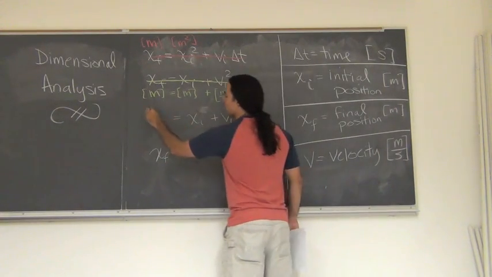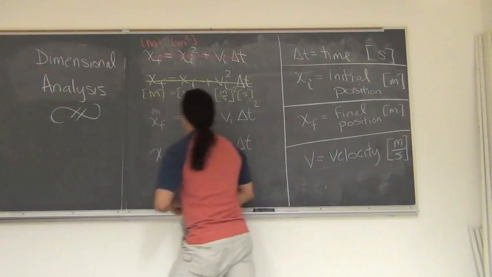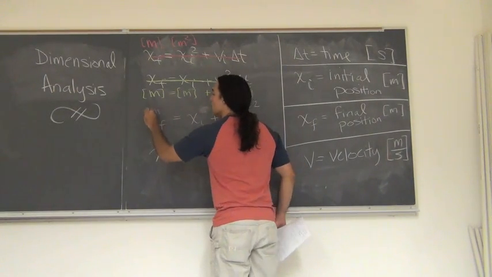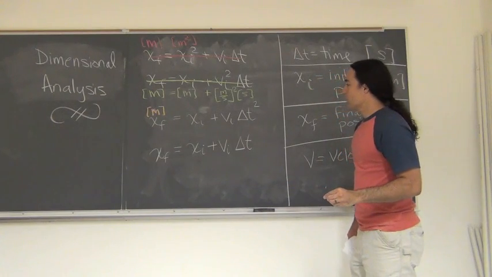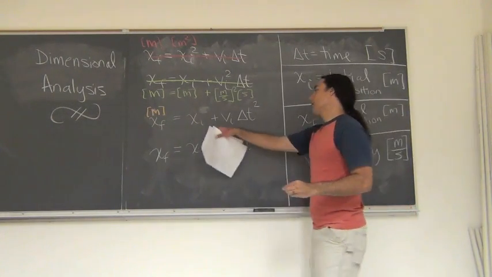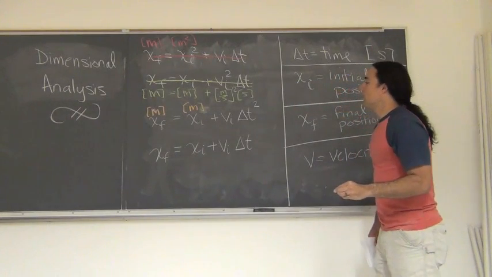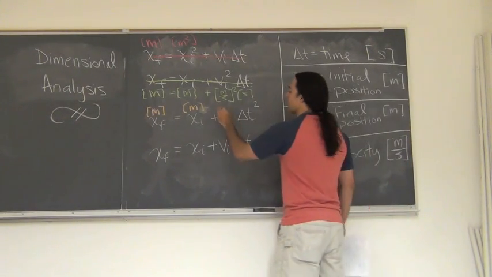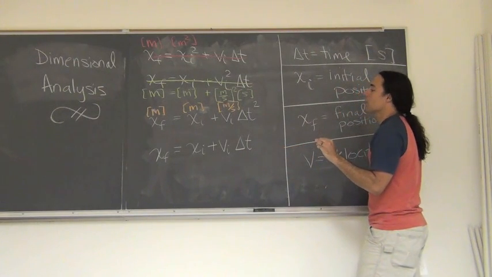Let's see what we got here. Well, x is in meters. I'll try a different color here, just to make that more visible. X is in meters. Let's see, what else do we have? X initial also in meters, good so far. Velocity meters per second. I'm still going to only get 1 meter on top.